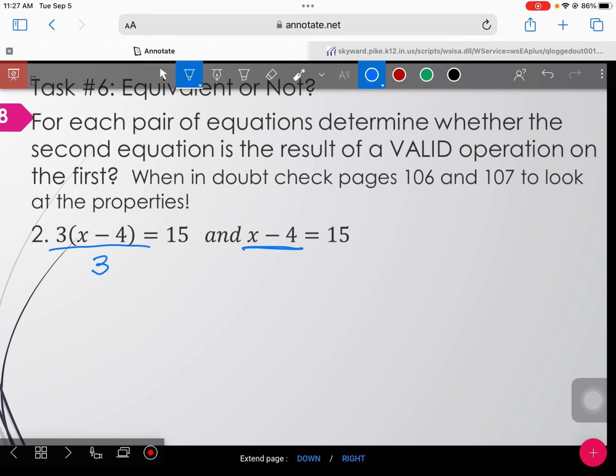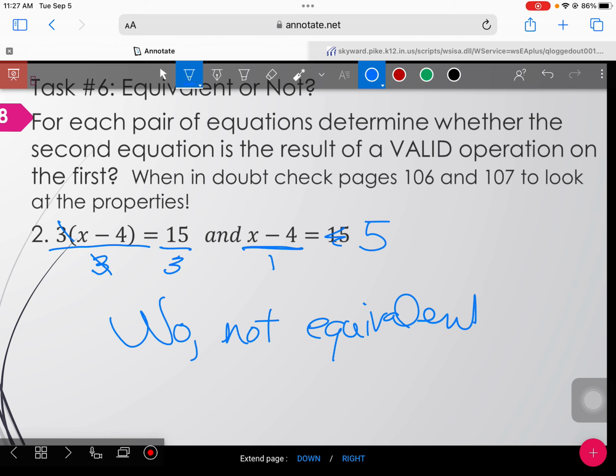We should have to divide again, right? So if I do this, this cancels out. I'm left with that. And what is 15 divided by 3? That gives you 5. That is not what we had. So are these equivalent? No, not equivalent.